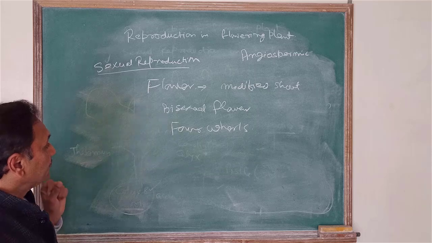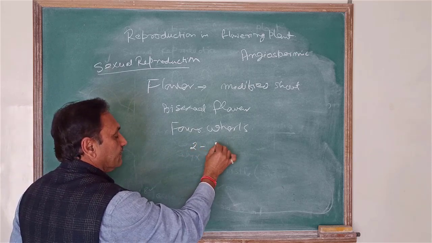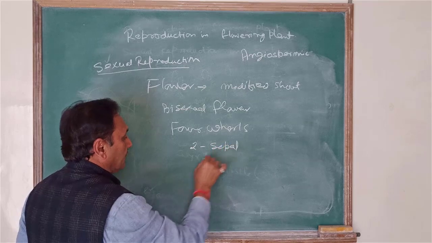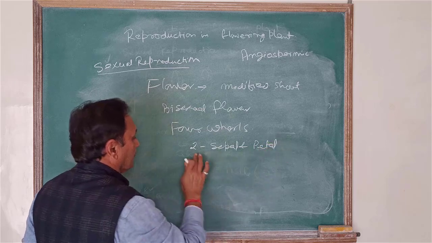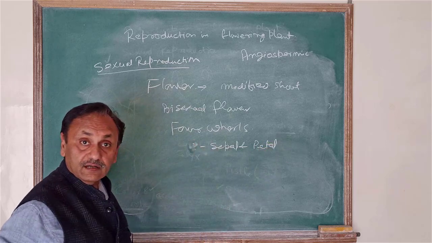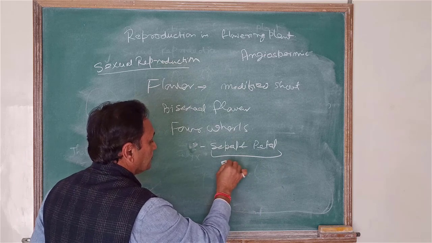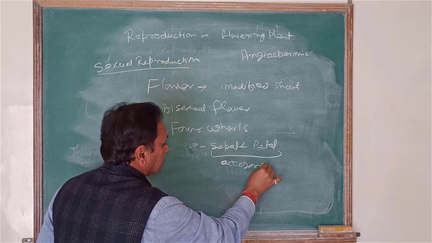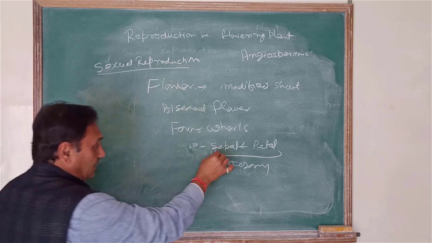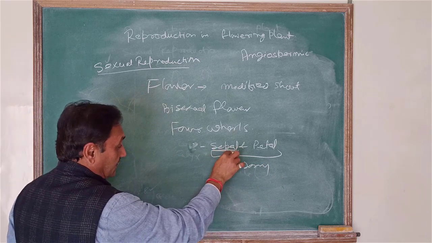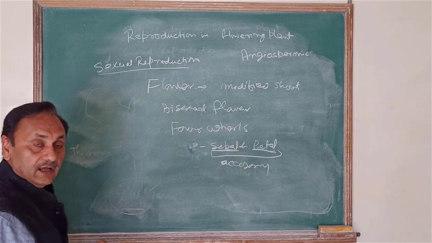Among these 4 whorls, 2 are the sepal and petal. Both are called accessory whorls. The group of sepals is called calyx and the group of petals is called corolla.